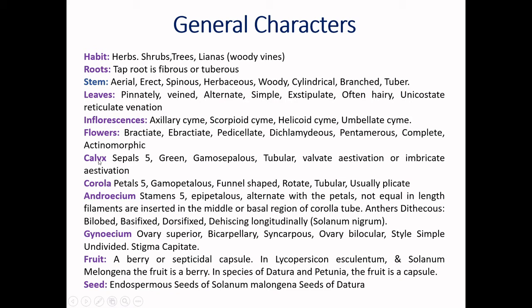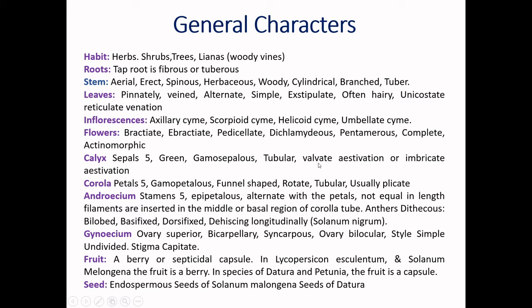Outermost whorl of flower is calyx. Calyx is made up of sepals. Sepals number is here 5. They are green. Gamosepalous, that means they are fused. Gamo means fused, and they fuse forming a tube-like structure. It is called tubular.